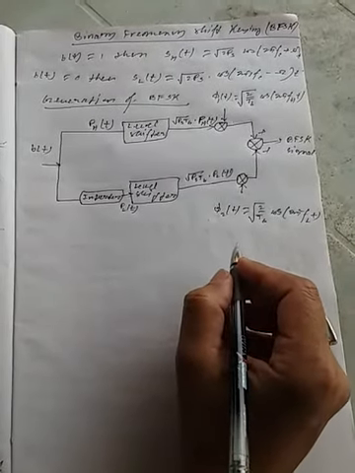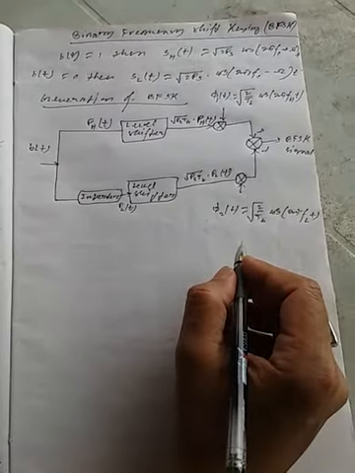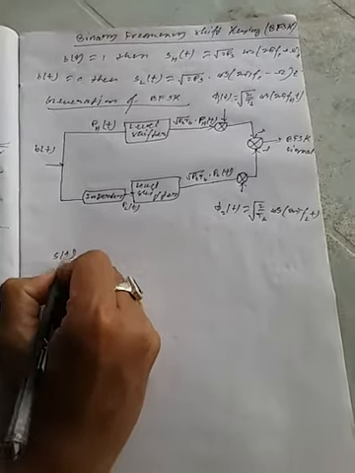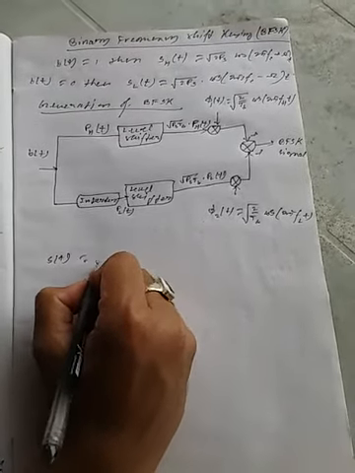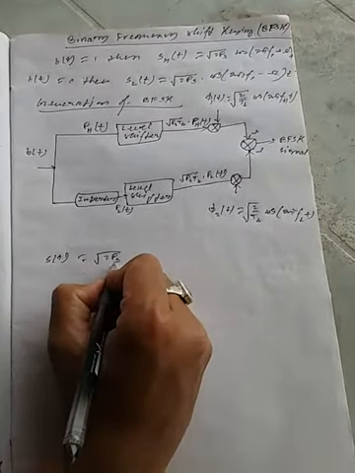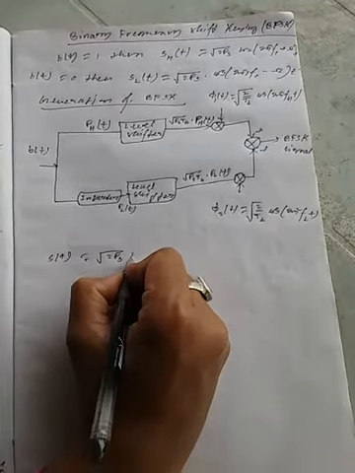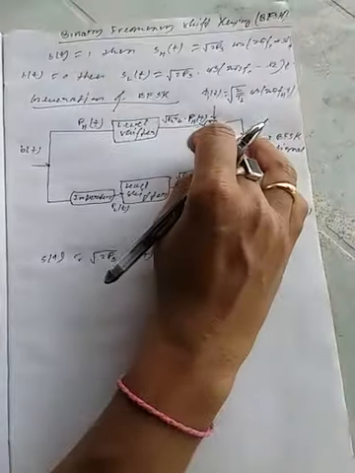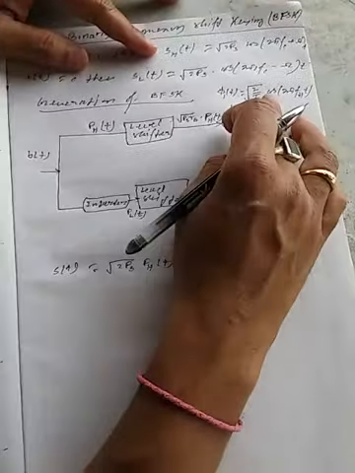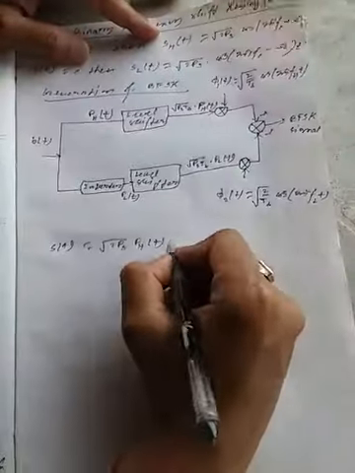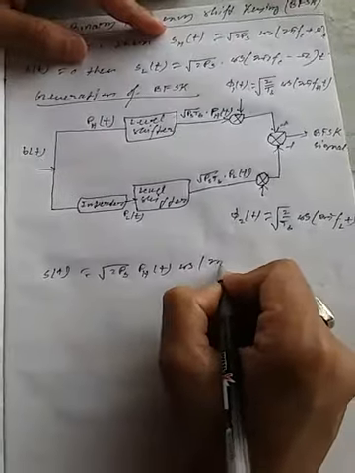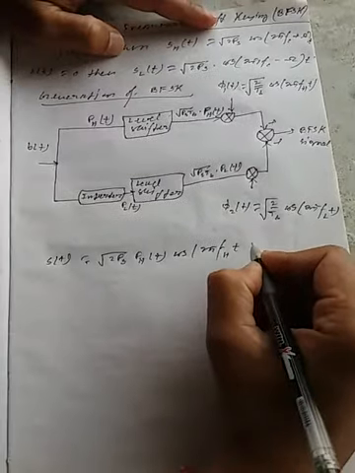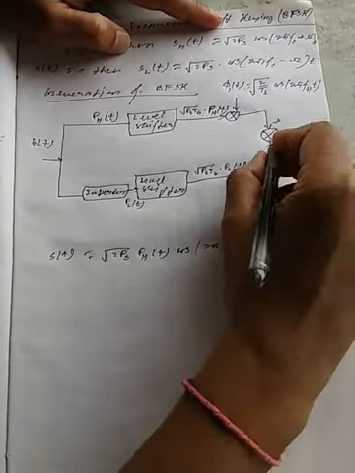Now what will be the output of this BFSK system? S(t) will be equal to root over 2 Ps into PH(t) cos 2 pi fH t. Actually both portions are multiplied, and plus this portion will be added.